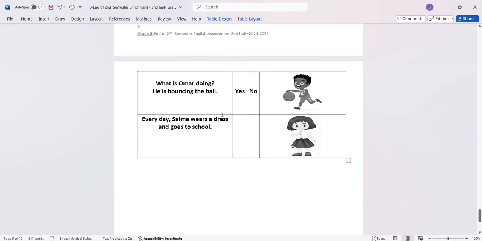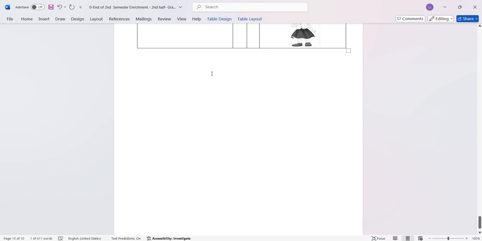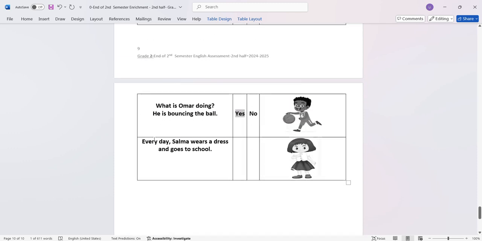Yes, he is. Okay, and we move to the last one. Every day, Salma wears a dress and goes to school. Is she wearing a dress? No, she isn't. So we put a circle around no.